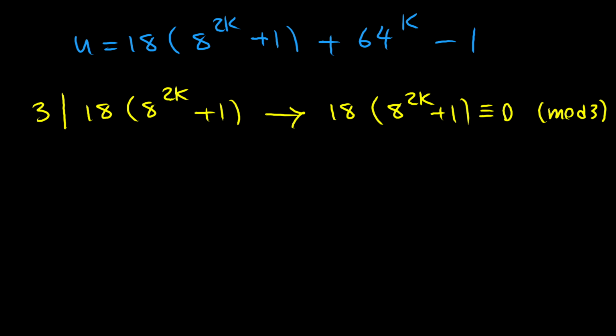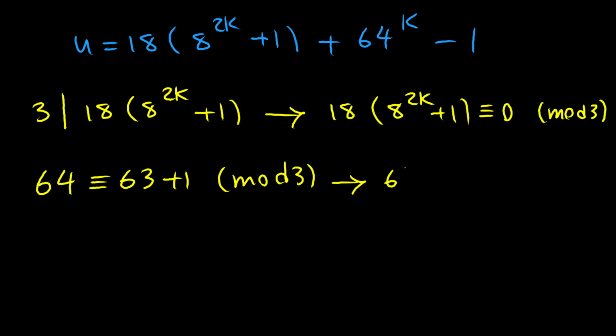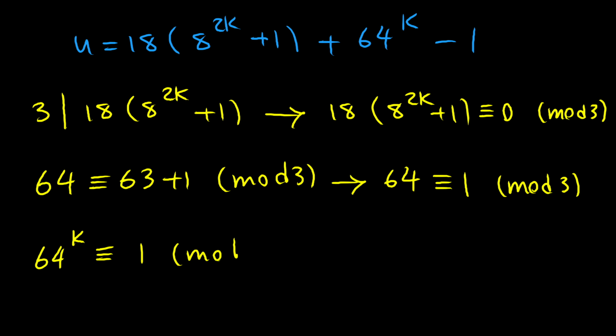And also notice that 64 is congruent to 63 plus 1 mod 3, therefore 64 is congruent to 1 mod 3 because 63 is divisible by 3. Now, since 64 is congruent to 1, I can say that 64 to the power of k is also congruent to 1 mod 3 because 1 to any power is equal to 1.